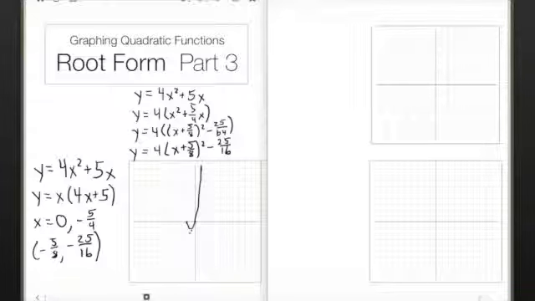But since the x-coordinate of the vertex is a fraction, the axis of symmetry is not on an integer number for the x value, so it would be hard to reflect over this point exactly. So we don't necessarily have to reflect it over. Just kind of draw a mirror image like that. And that's going to be about what our graph looks like.